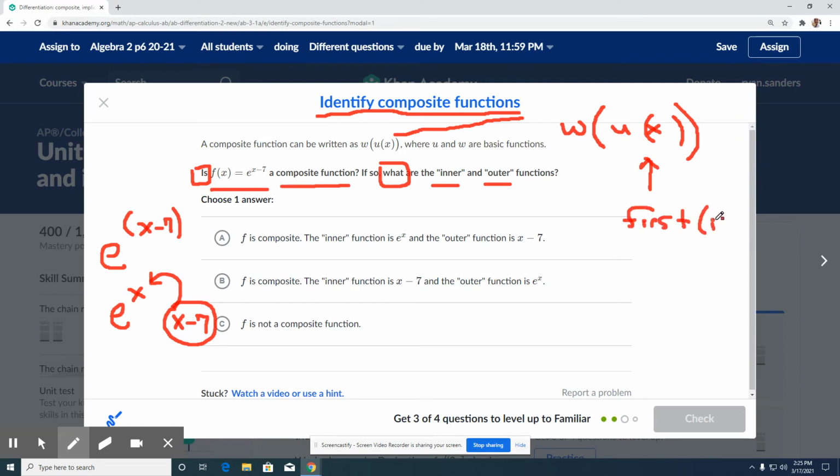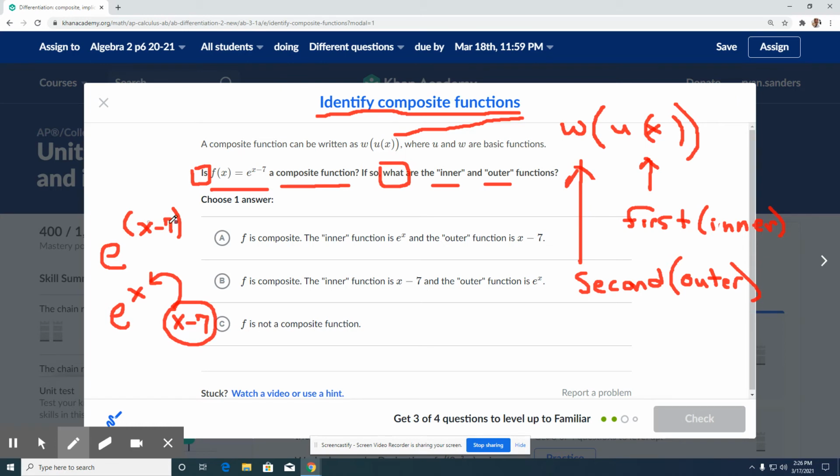That would be our inner. And then what we do second, they're calling that the outer function. So what would we do first when we plugged a number in for x?